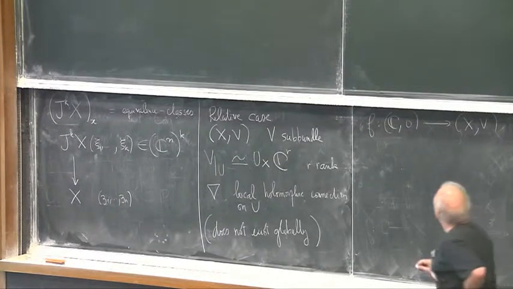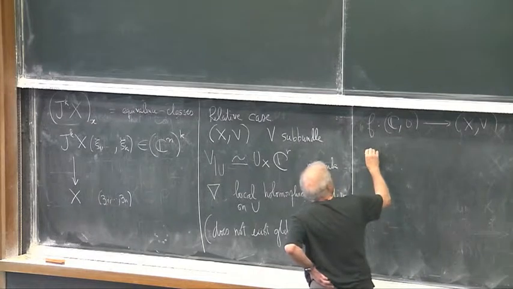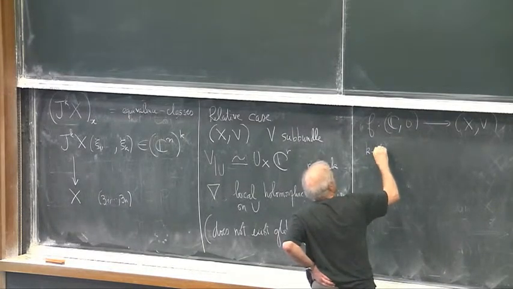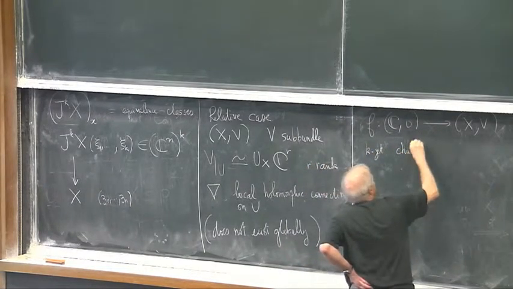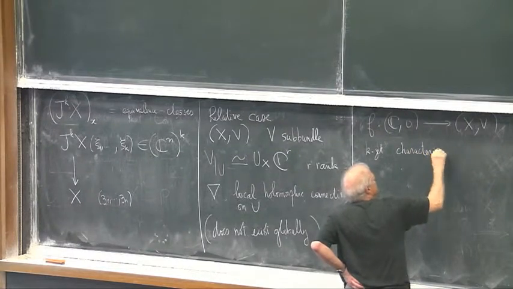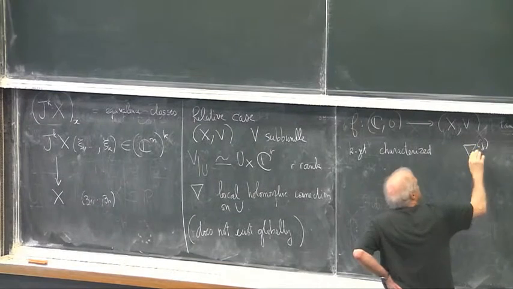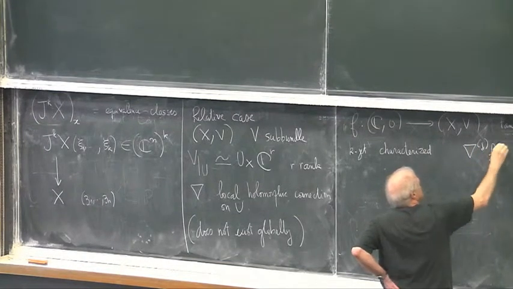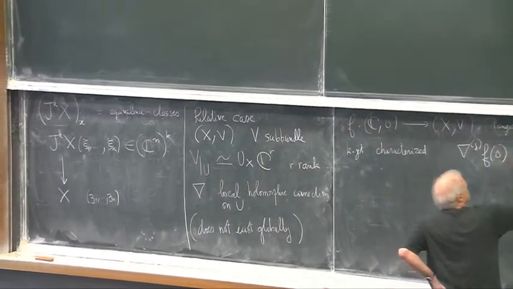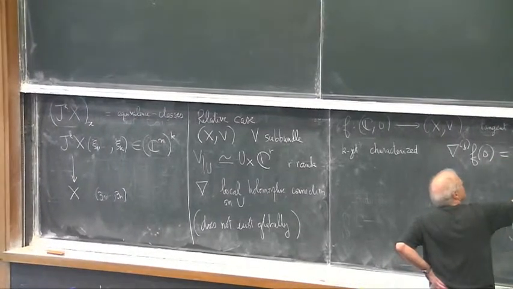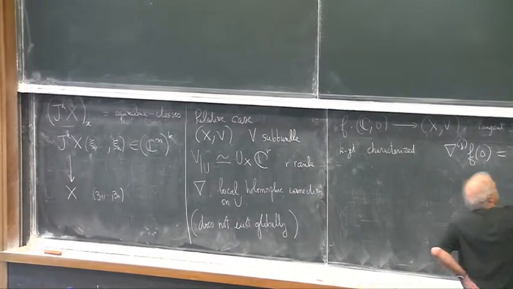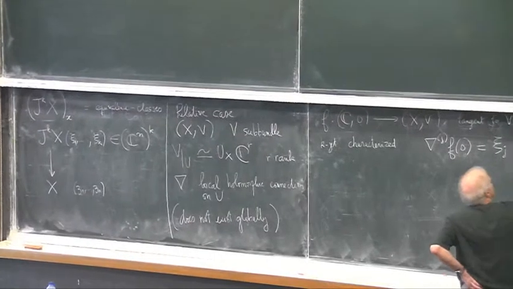But then the k-jet is characterized uniquely by the iterates of the connection, which I want to denote by c_j, but now they are elements in the fiber of V at 0.